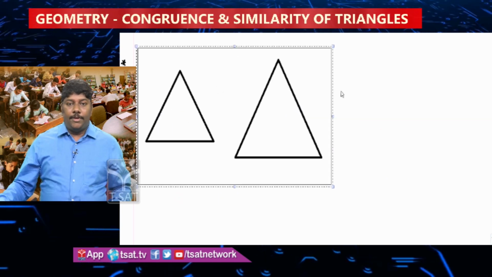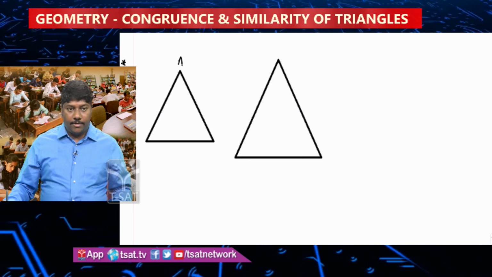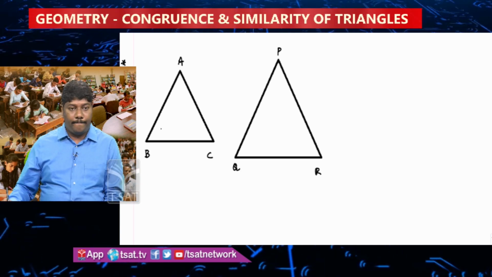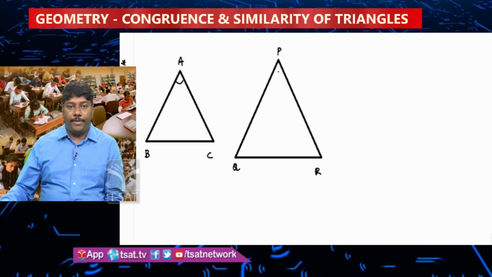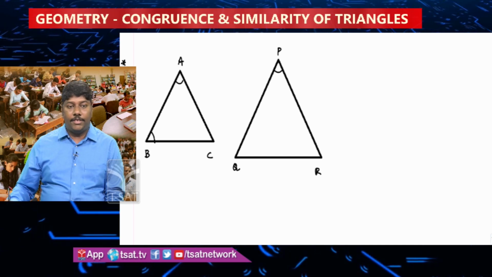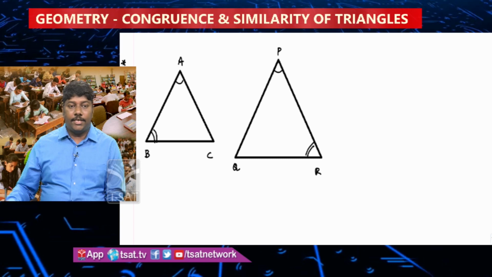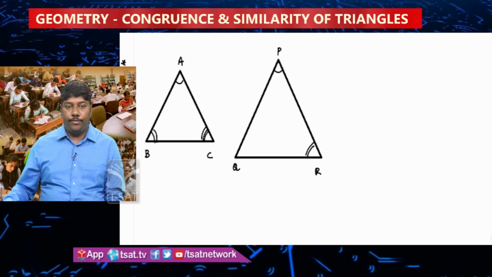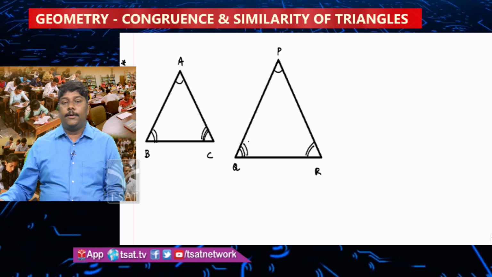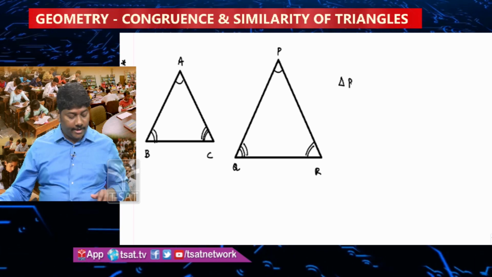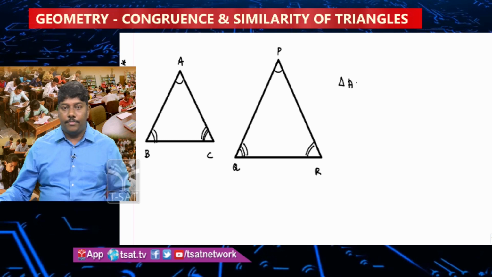I have taken two similar triangles. These triangles are similar, ABC and PQR. Suppose angle A is equal to angle P, but angle B is equal to angle R, and angle C is equal to angle Q. Here triangle ABC is not similar to PQR. In fact, triangle ABC is similar to what?